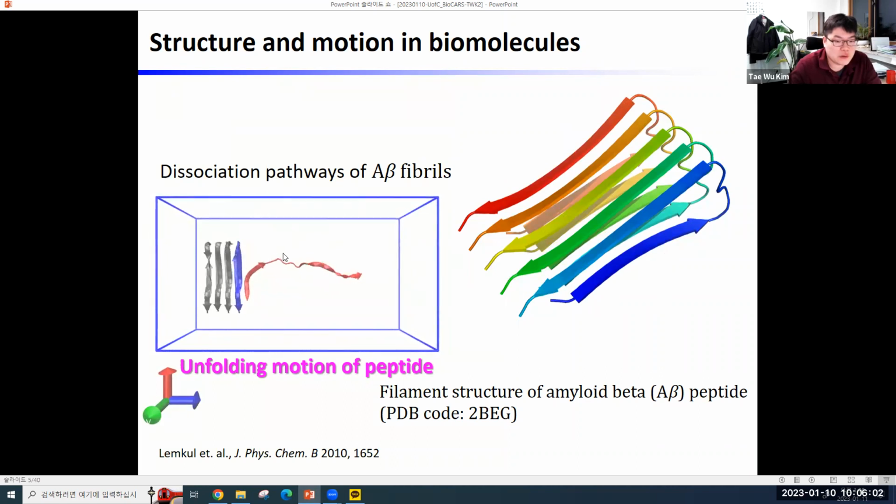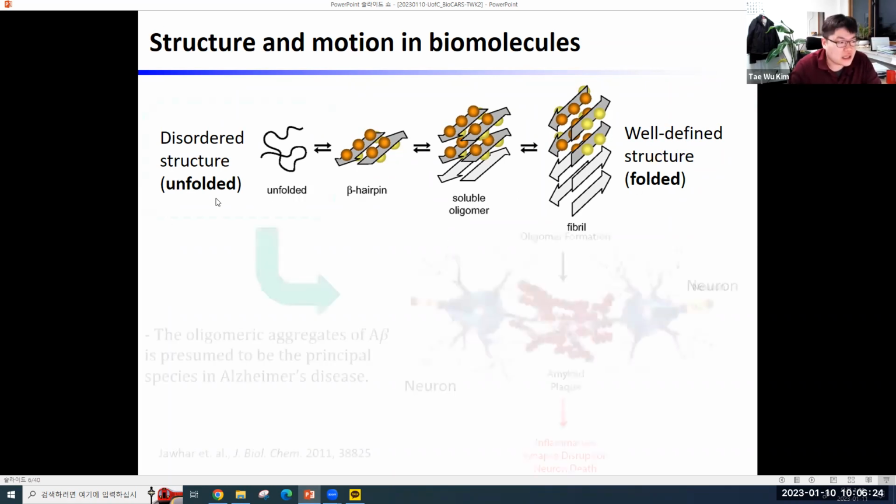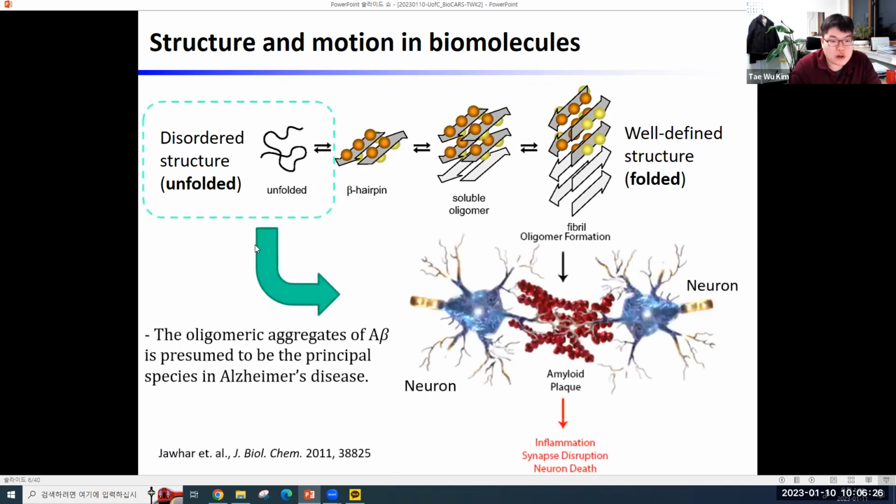This is an MD simulation, for example. This kind of phenomenon is called the unfolding motion of a peptide. Such a protein can chemically equilibrate between the unfolded and folded states. In some cases, this unfolded conformation can aggregate with one another.